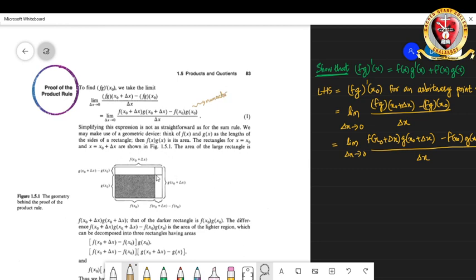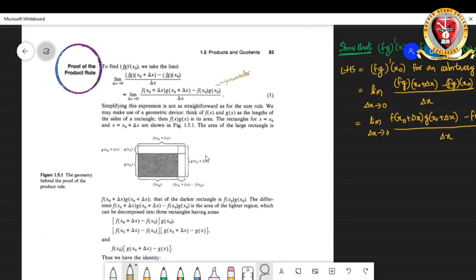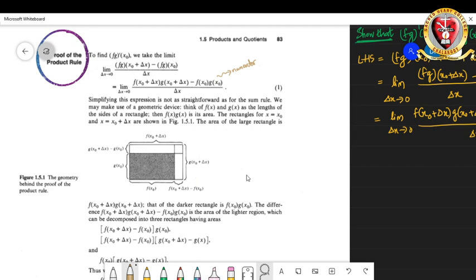So for that you are going to consider a geometry. Suppose the length sitting here this much is denoted by f of x naught, and the whole length from here to here is equal to f of x naught plus delta x.